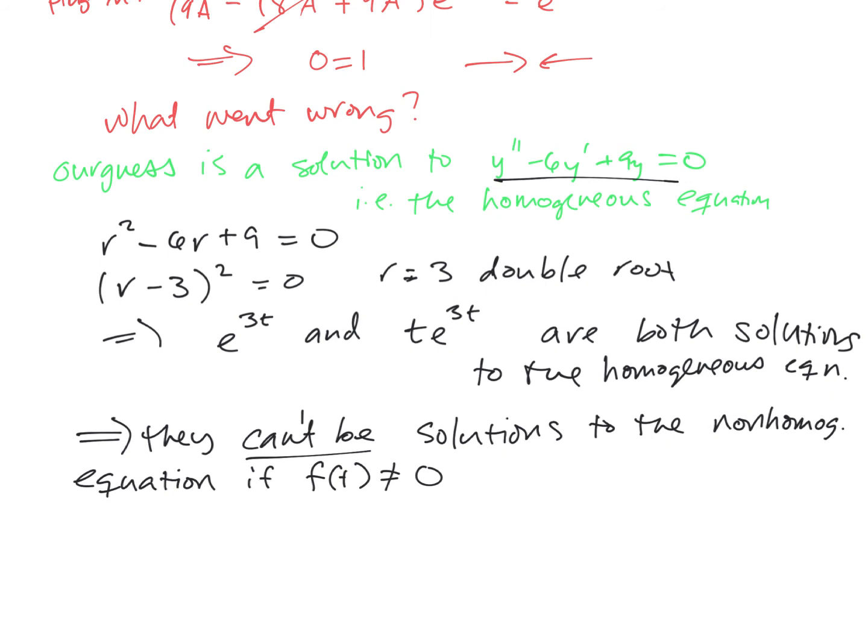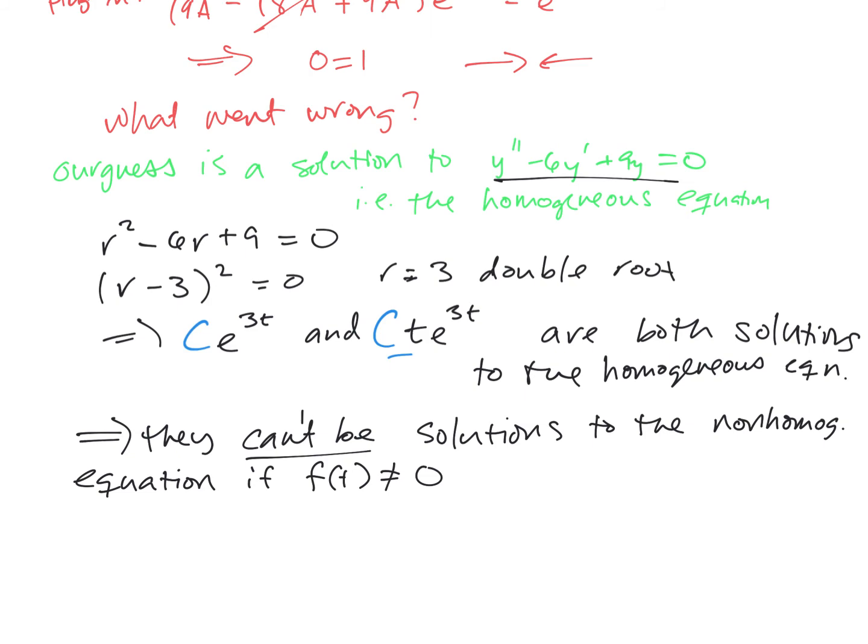I would just add that c e to the 3t and c t e to the 3t are solutions, because remember we were able to find the general solution to that homogeneous equation. Even if you multiply your solution by a constant, it's still going to equal 0 on the right-hand side. So these general solutions also can't be solutions to the non-homogeneous equation. Okay, so we need to take this into account when we're making our guess.